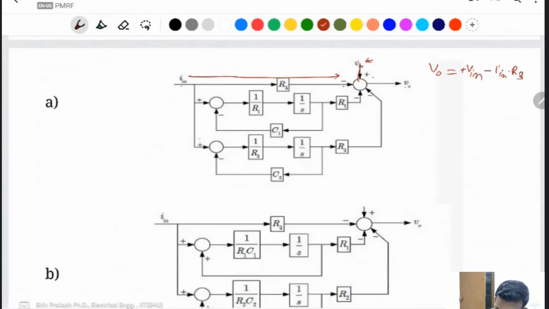Then this one is the parallel line, and this one is the feedback.